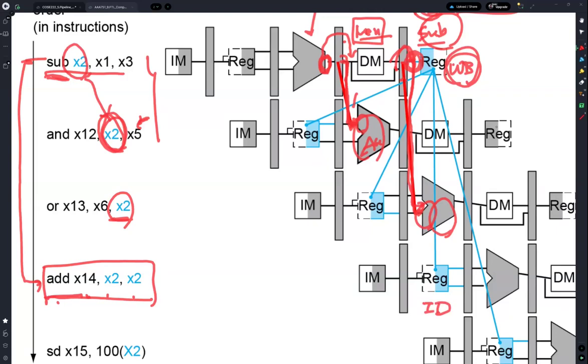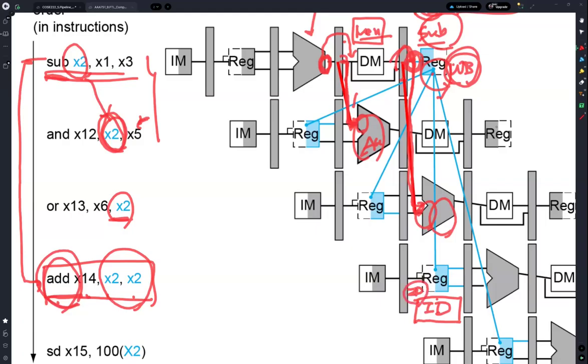Then for the add instruction, the CPU reads register data during this ID stage, right? But at the same time, sub instruction is writing the result to the register file. So sub instruction is in the write back stage, and this add instruction is in the ID stage.